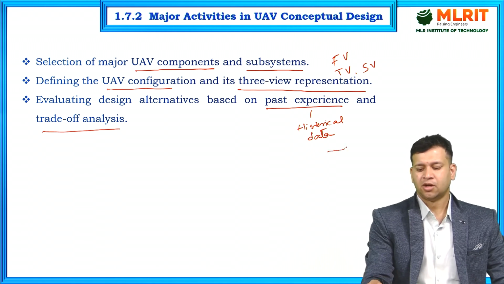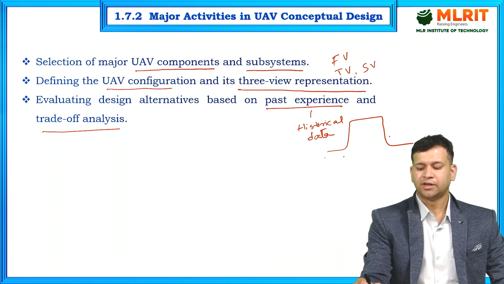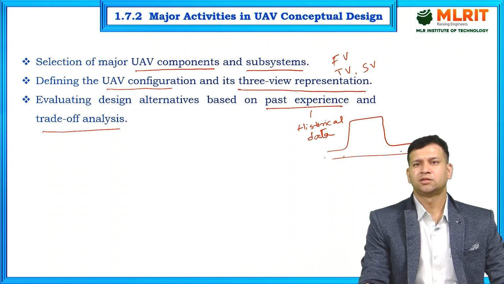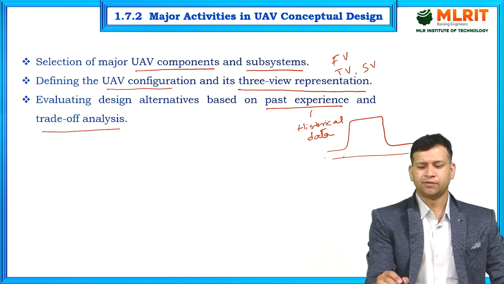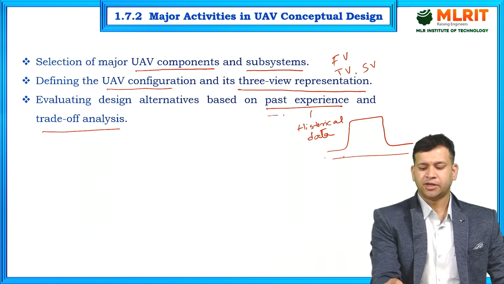Suppose during the phase from ground roll to takeoff, then climb, cruise, then descent, then land, how the unmanned air vehicle has behaved. That data will be stored, and based upon those experiences, we can change our design.